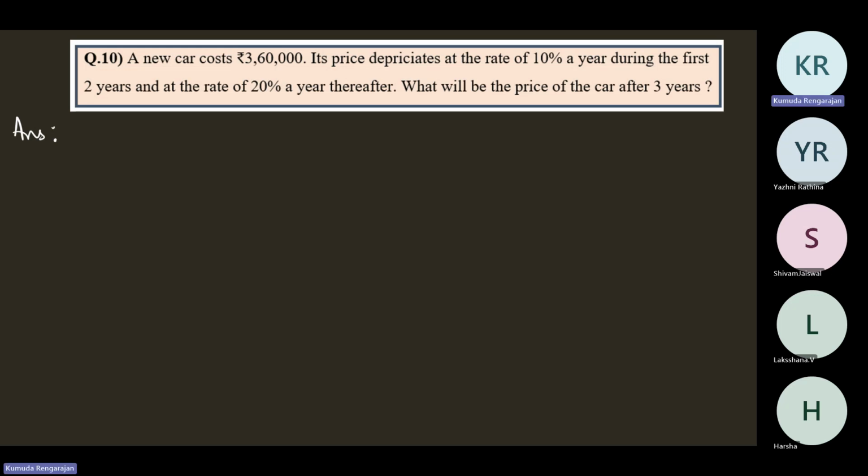You buy a new car. For the first 2 years, the rate of depreciation is 10%. After the second year, that is from the third year onwards, the rate of depreciation is 20%. What will be the price of the car after 3 years?